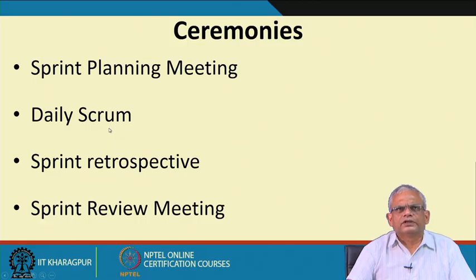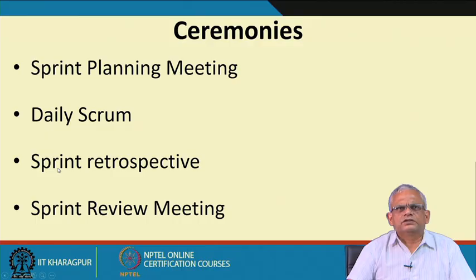Every day, the team members meet for a short time, maybe 15 minutes, typically a stand up meeting, otherwise the meeting may prolong. It is intended to be a very short meeting, and they just discuss what items they are working on, whether they are facing any obstacle, and so on.